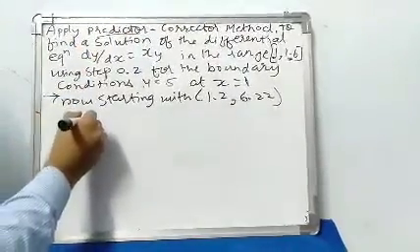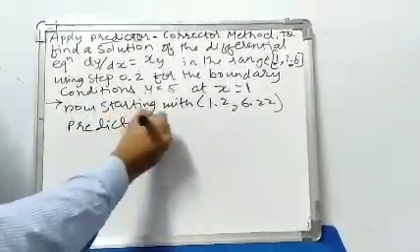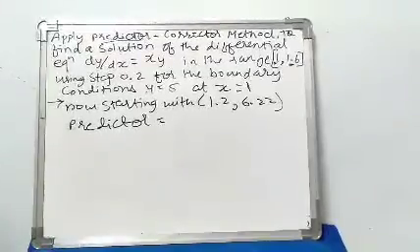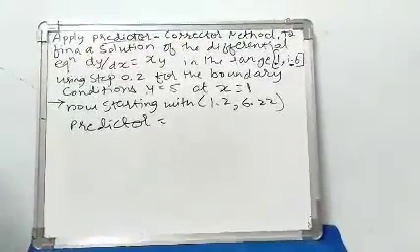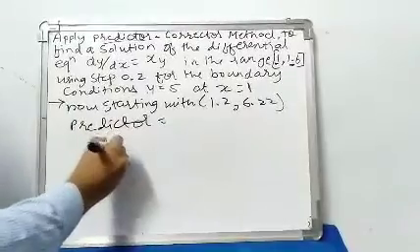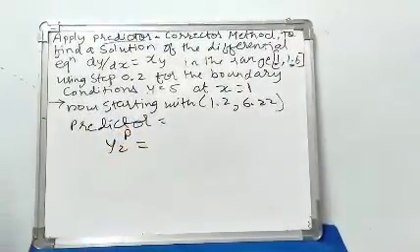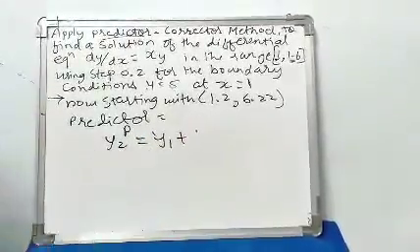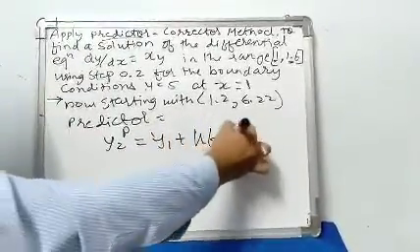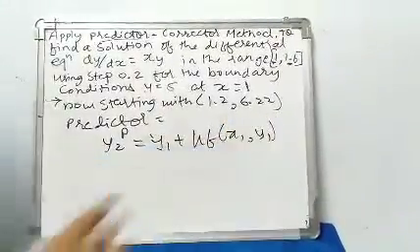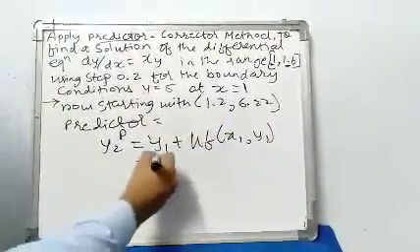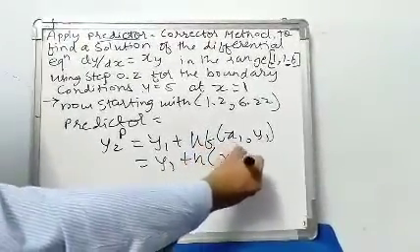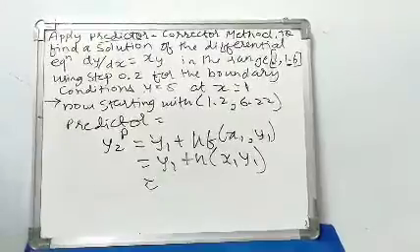For the predictor we have to apply the formula. We know the formula for the predictor: y2p is equal to y1 plus h f of x1 comma y1, which is y1 plus h of x1 into y1.